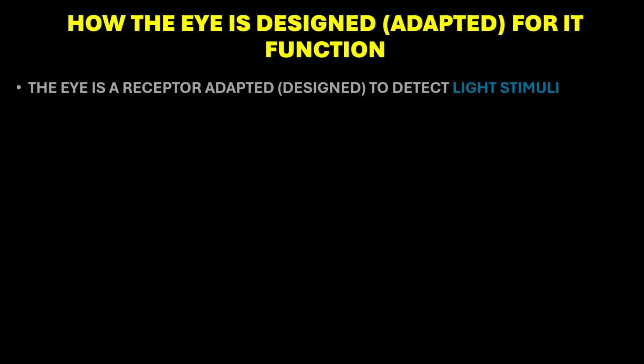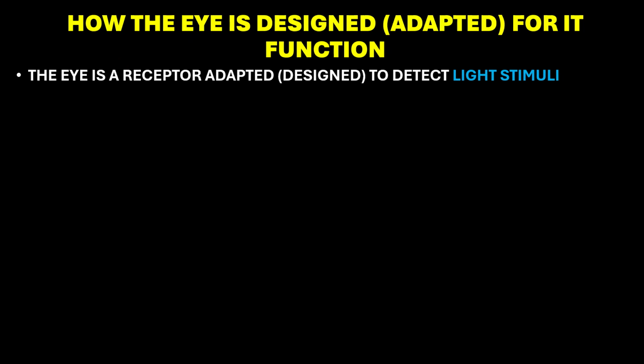Now we need to also know how the eye is designed for its functions, because the eye is a receptor and it is adapted or designed to detect stimuli. So if you want to really detect stimuli, what kind of organ will you actually design? If you want to design something to detect light, what will be the properties of that object?